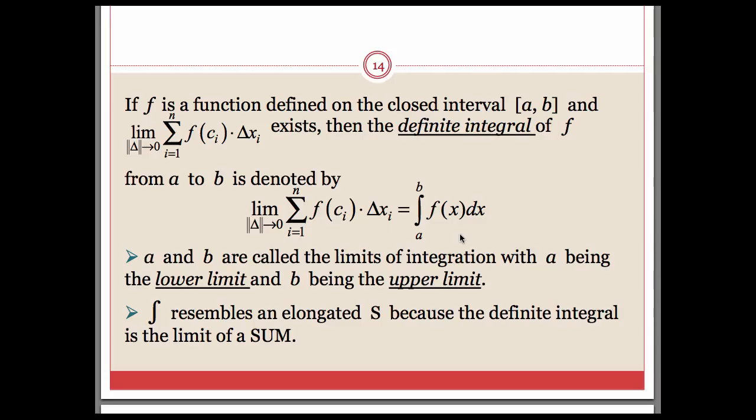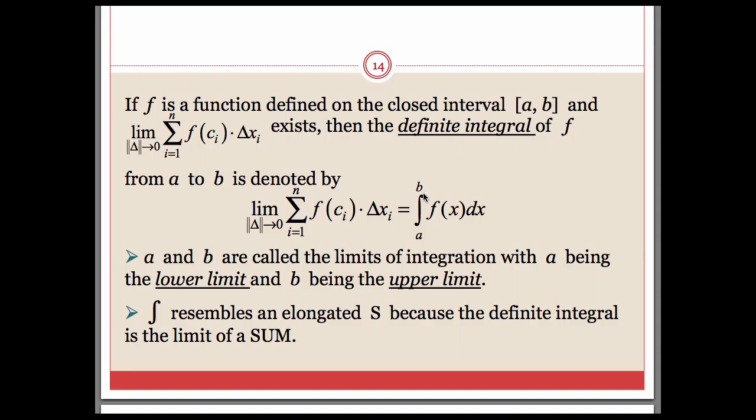Another expression for that is an indefinite integral. You might remember me mentioning that. Now that we actually have an interval over which we are finding the area under the curve, we simply have these little numbers at the bottom and the top of that antiderivative symbol. So A and B are referred to as the limits of integration. A is the lower limit of integration and B is the upper limit.